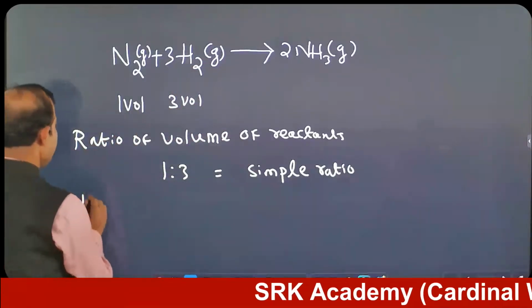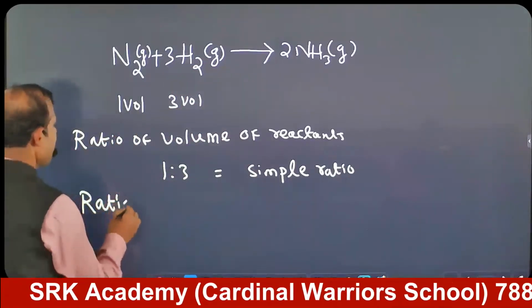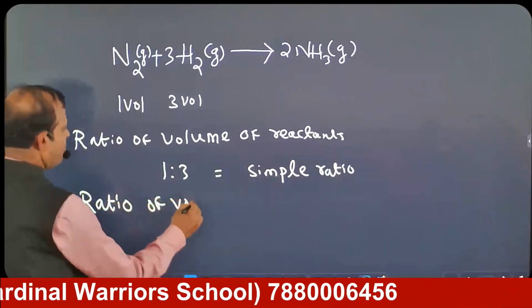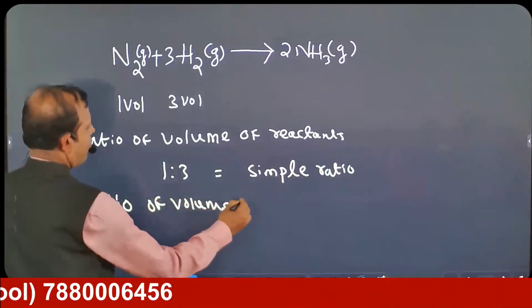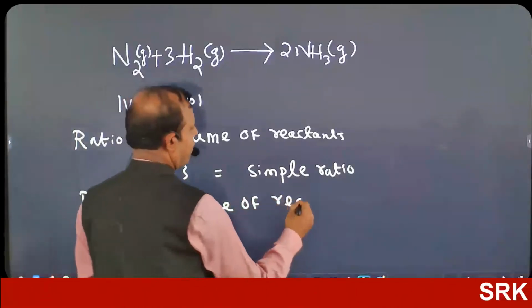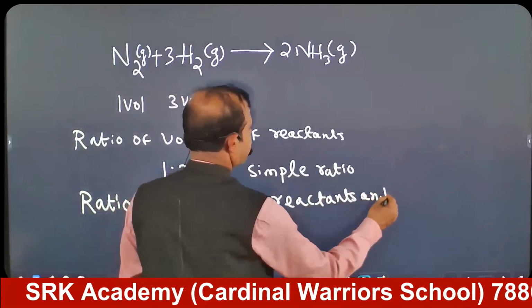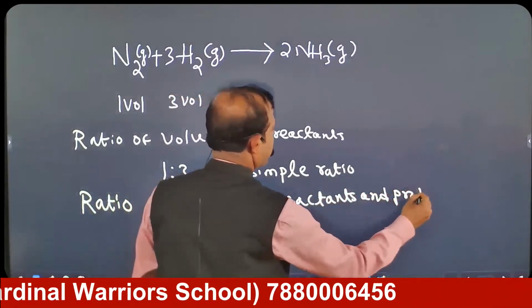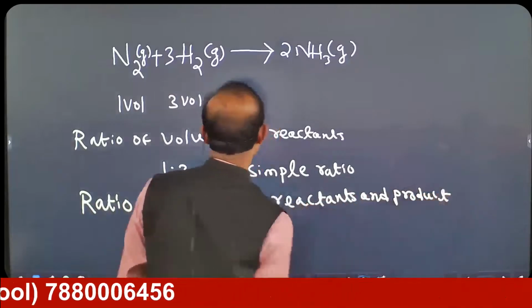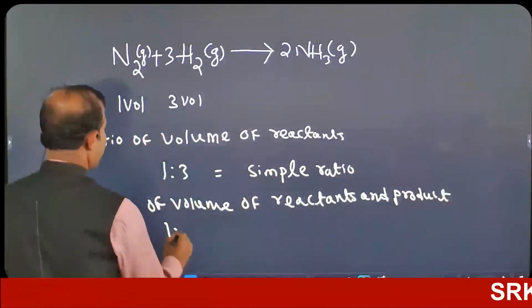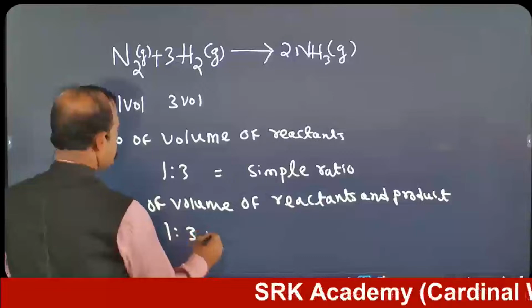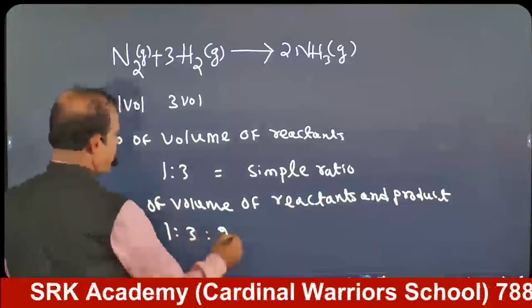So the ratio of volume right now, when you include the product, the ratio of volume of reactants and product becomes 1 is to what? 3 is to 2, which is a simple ratio again.